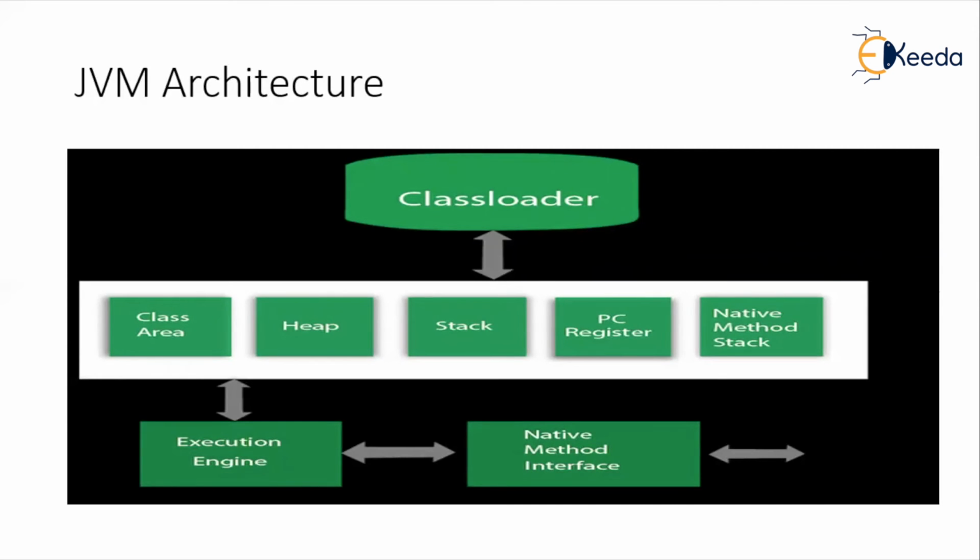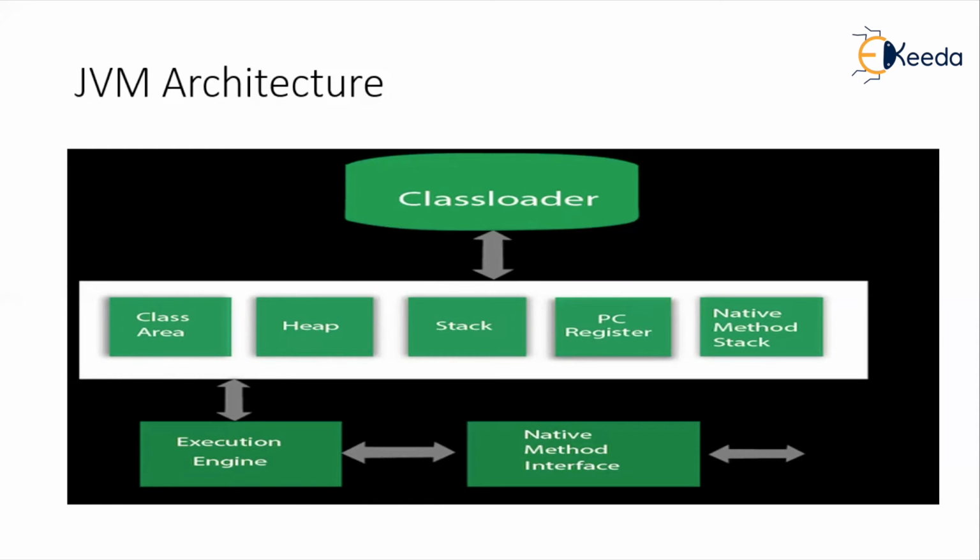This particular diagram talks about the architecture of JVM. Let's see what all blocks are there in this architecture and what they mean. First of all, the class loader, as the name suggests, is going to load a class, that is nothing but the .class file. So whichever Java application we want to execute, that .class file will be loaded by the class loader.